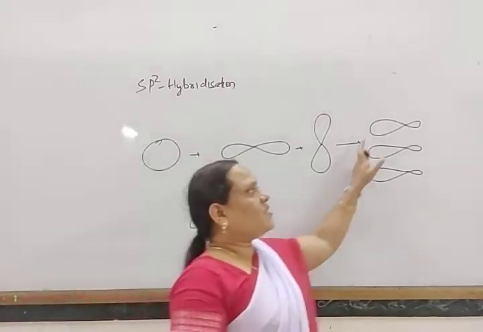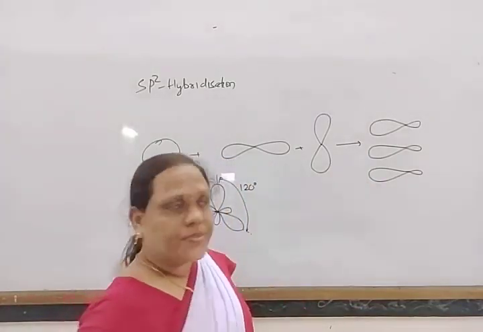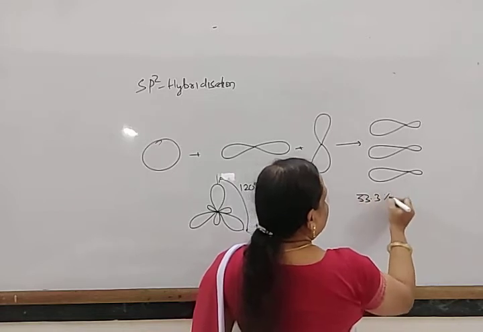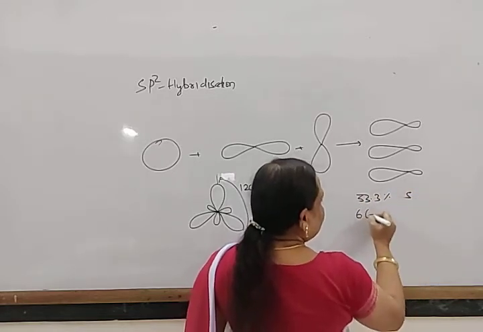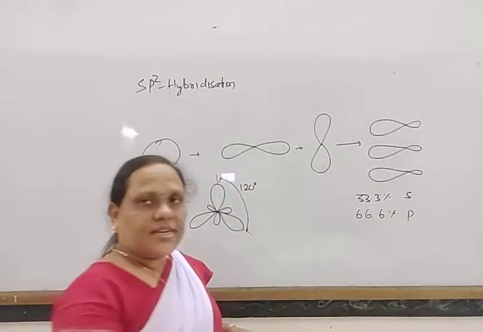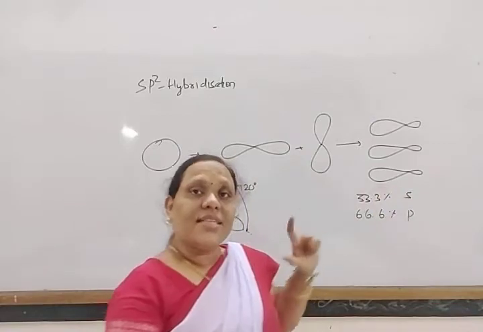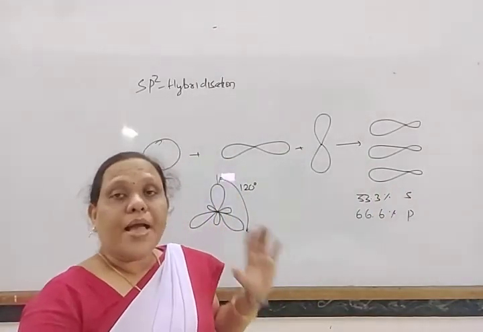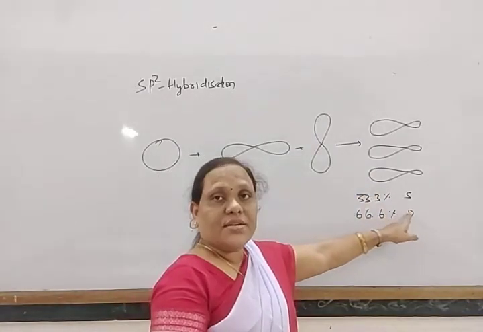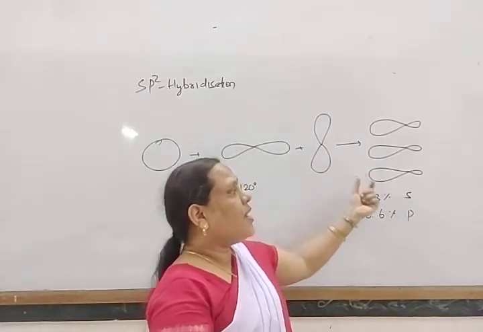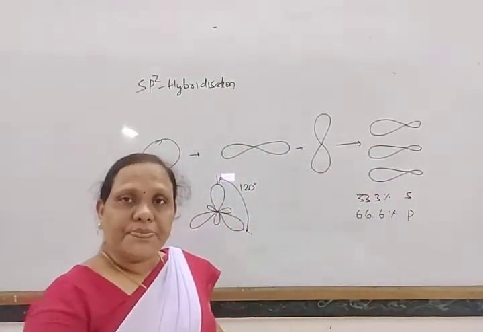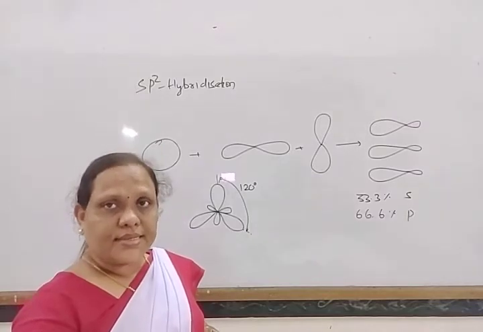Each sp2 hybrid orbital has 33.3% s character and 66.6% p character. These are smaller in size than sp3 hybrid orbitals, but more bulky. As the s character is more, these are bulkier and shorter than sp3 hybrid orbitals.